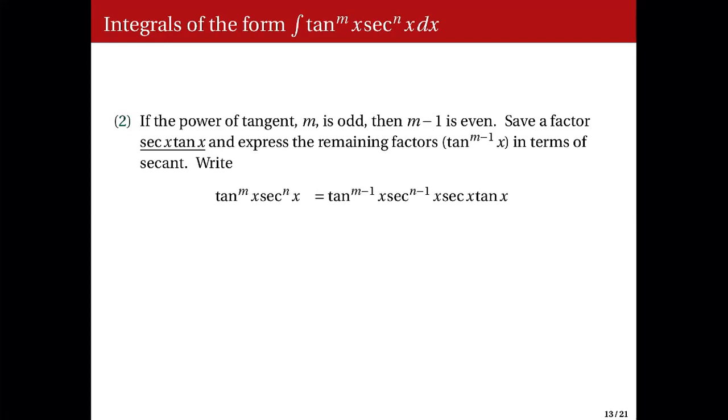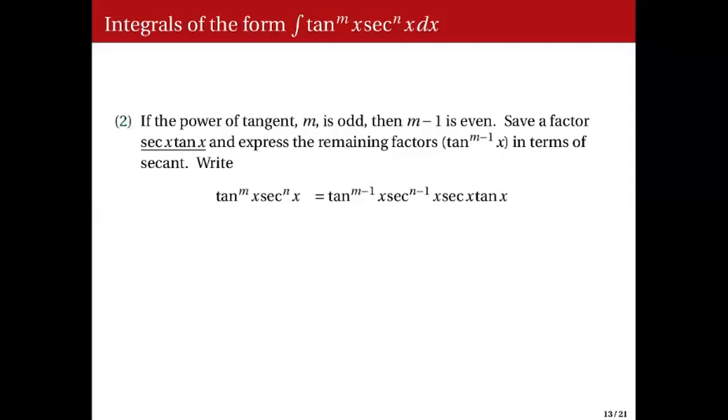You have tangent to the m x, secant to the n x. You extract one tangent, so you will have tangent to the m minus 1 x, and this is the other tangent. From your secant to the n minus 1 x, whatever the power of secant, you also get one secant.